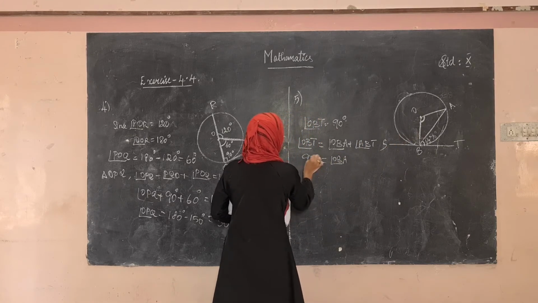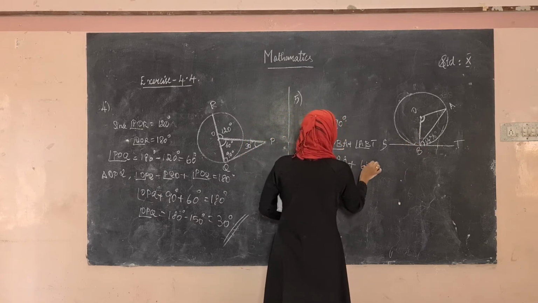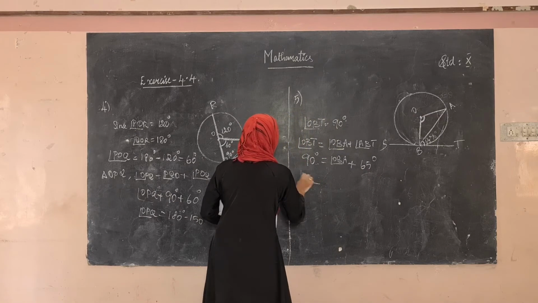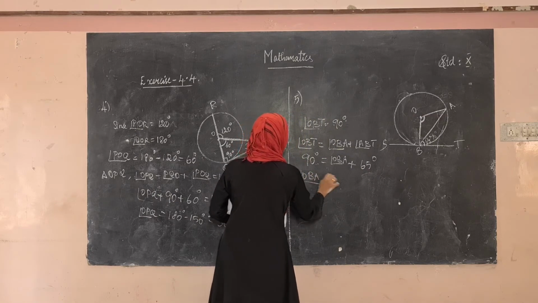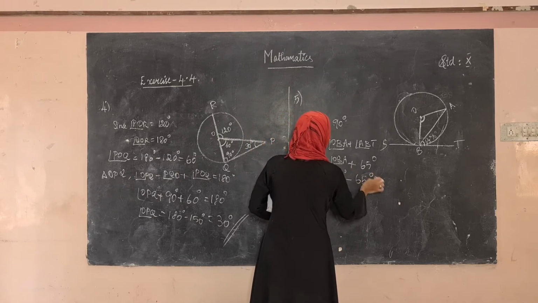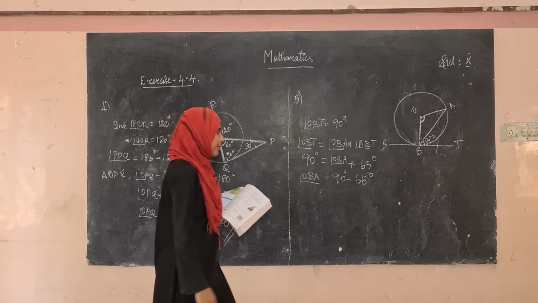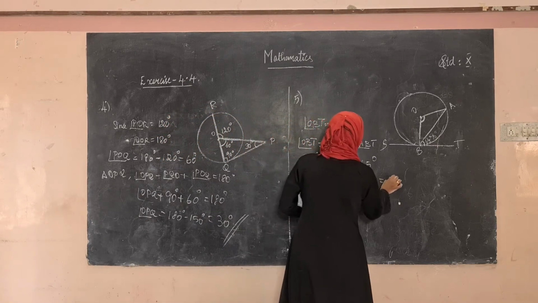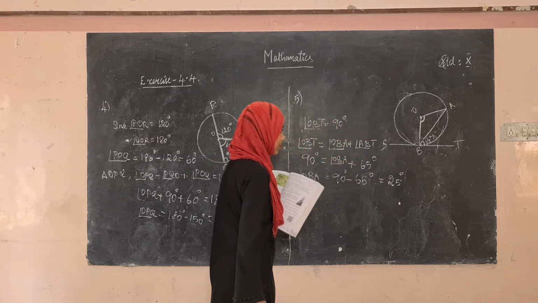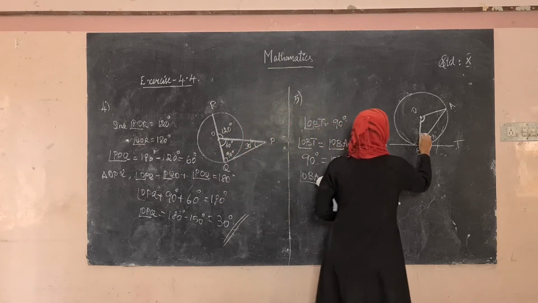Here it is 90 degree, right? Plus what is ABT? ABT is 65 degree. Bring the 65 degree here. So angle OBA is equal to 90 degree minus 65 degree, which is equal to 25 degree. So this is 25 degree.